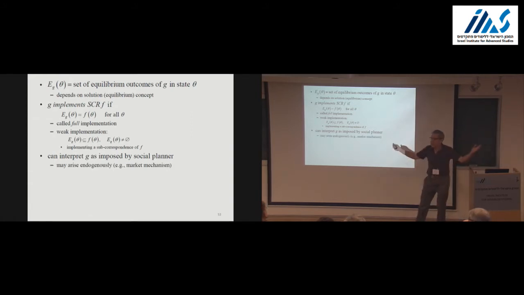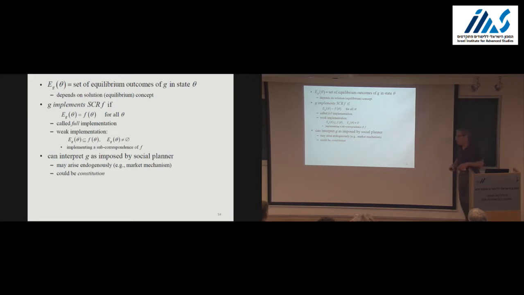We could think of it as arising automatically or endogenously. So markets themselves are mechanisms. They're not really chosen by anyone, but they're there, and we can analyze them in the same way that we analyze artificial mechanisms.